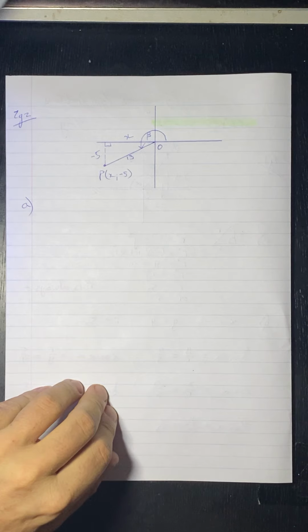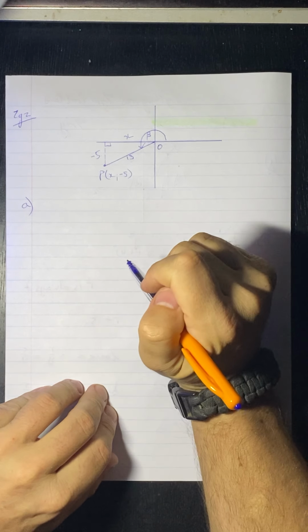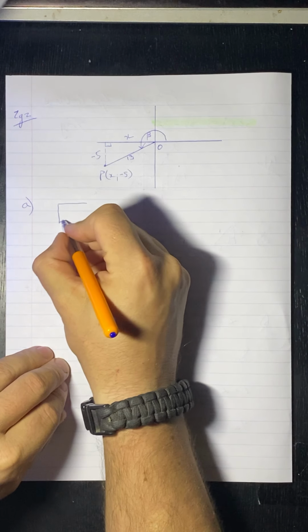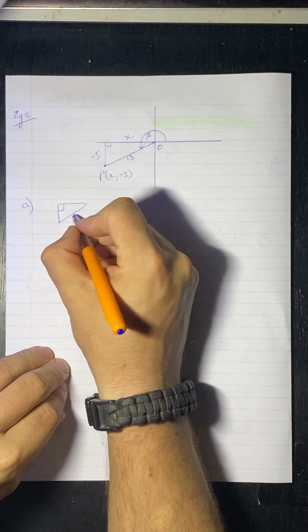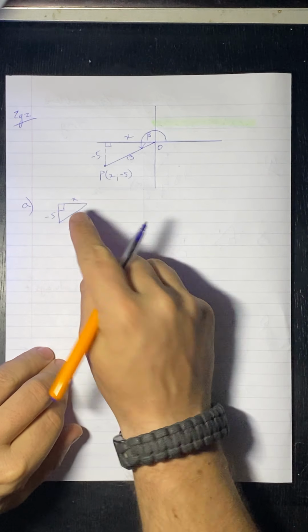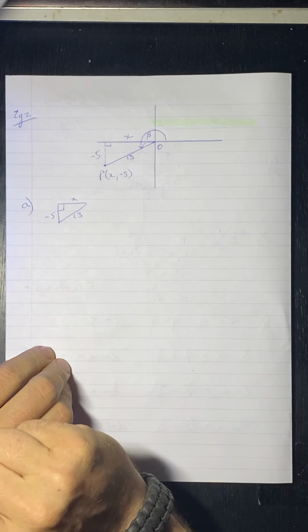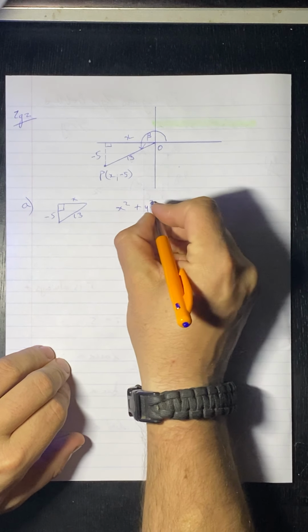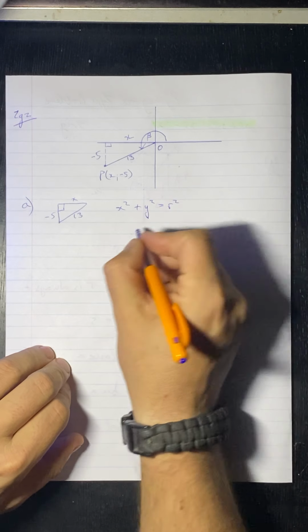So the first question, A: calculate the value of x if OP is 13. If I redraw this to show you the situation, that's 13, minus 5 and x. We can use Pythag again to find x. So x squared plus y squared equals r squared.